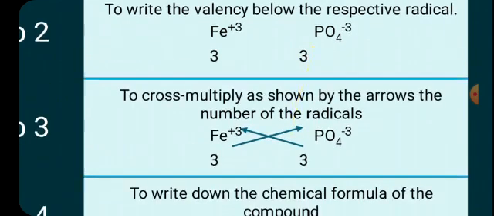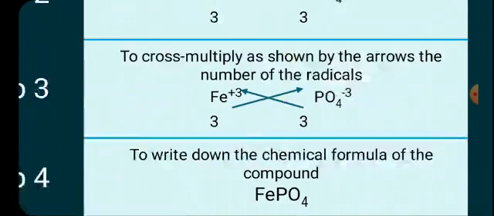Step 3, cross multiplication. So Fe3+ ion has to be multiplied by 3 and phosphate ion has to be multiplied by digit 3. And last step is to write down the chemical formula of the compound.